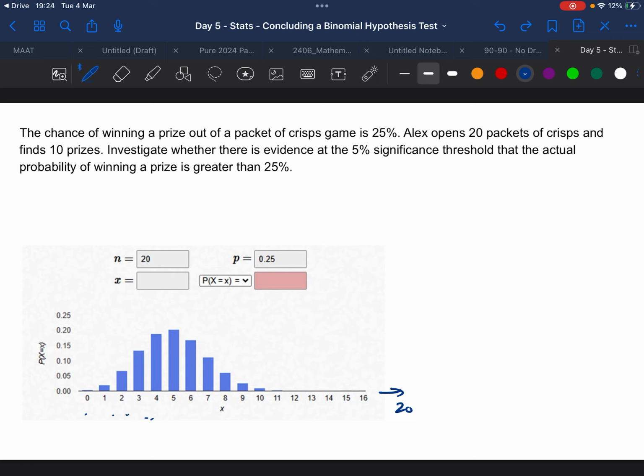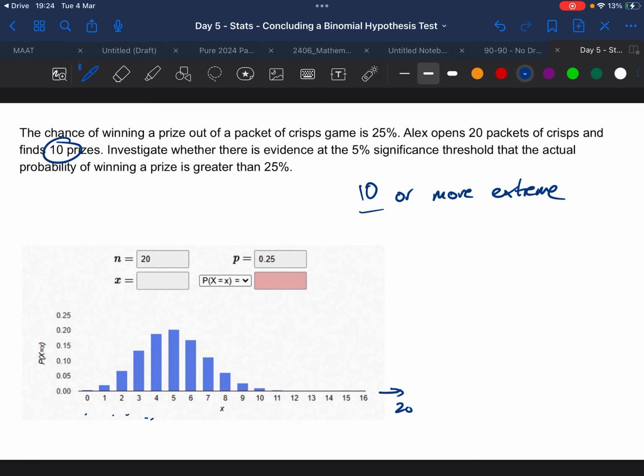But that's not really what we want for a hypothesis test. What we've got to do is look at the value, and look at 10 or more extreme. You never test just the value on its own. You always test the value or more extreme.